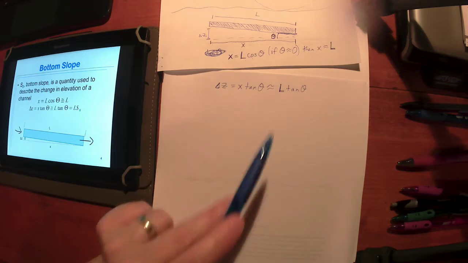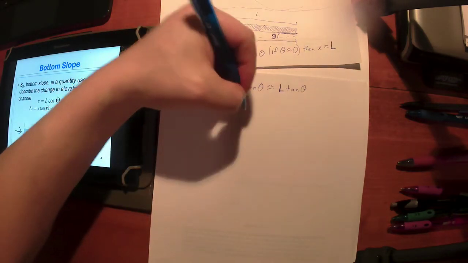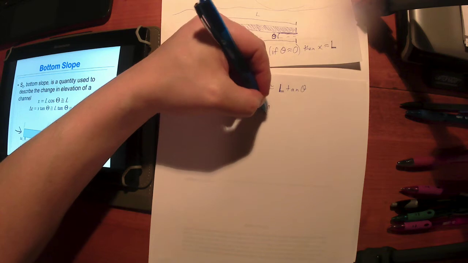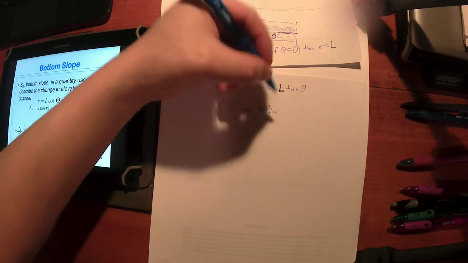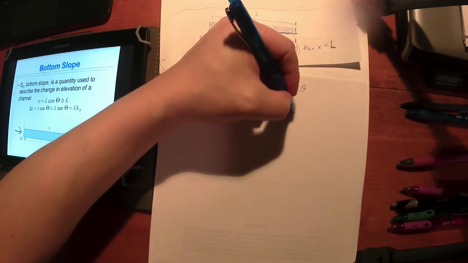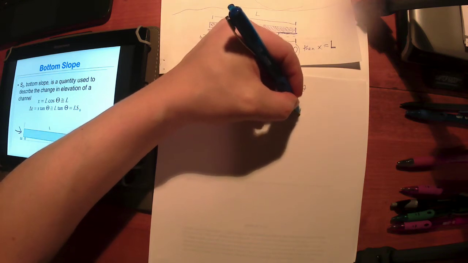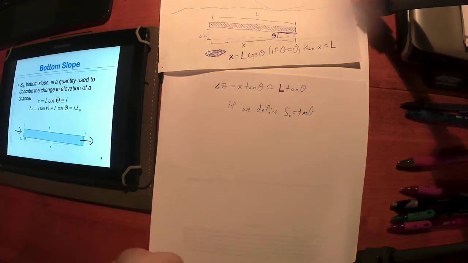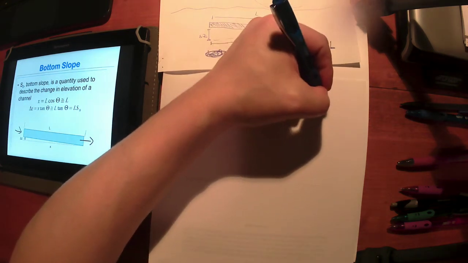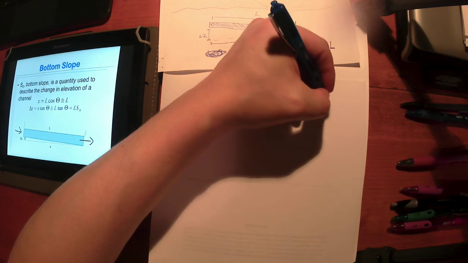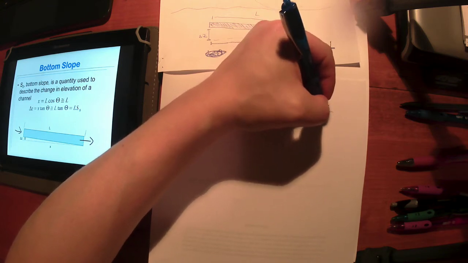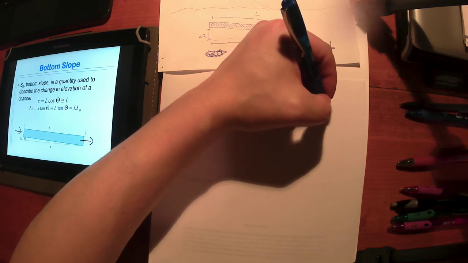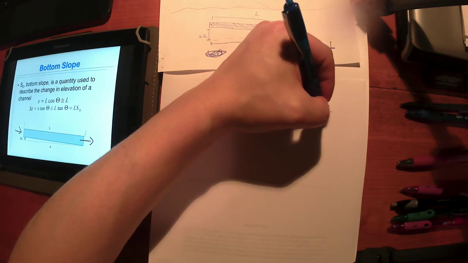So what we normally do is define this S naught, which is equal to the tangent of theta, and it's basically the rise over run, if you will. It's the change in the Z elevation divided by essentially the length.